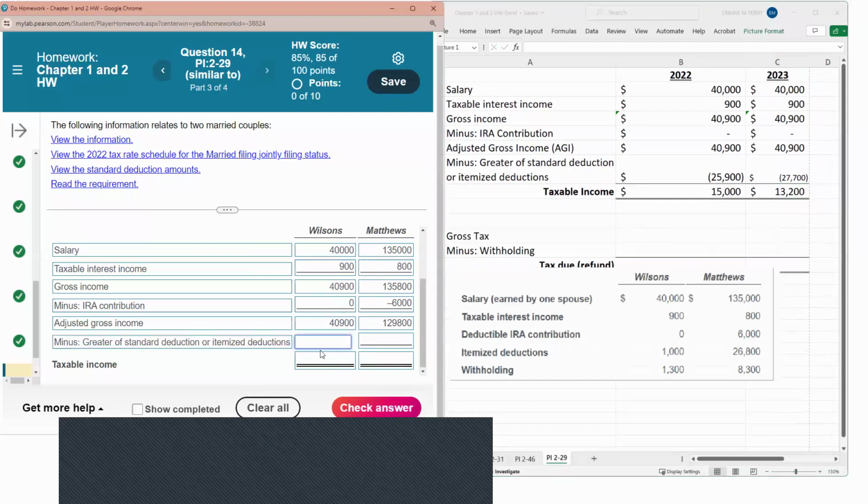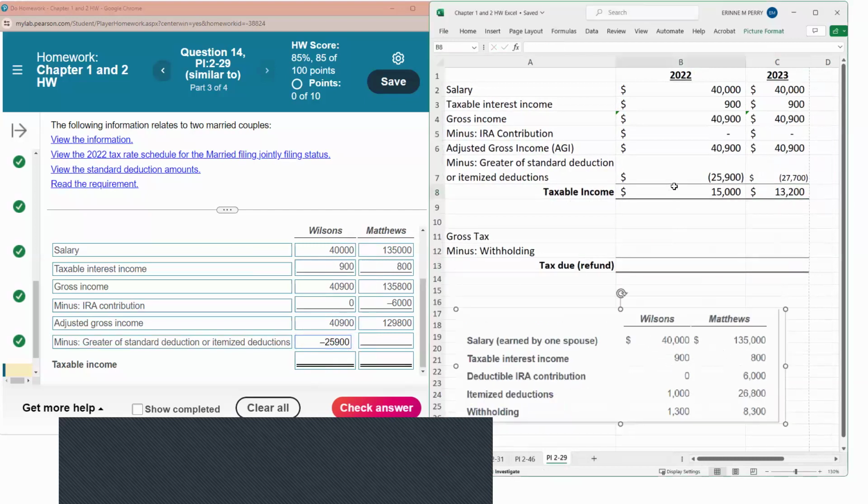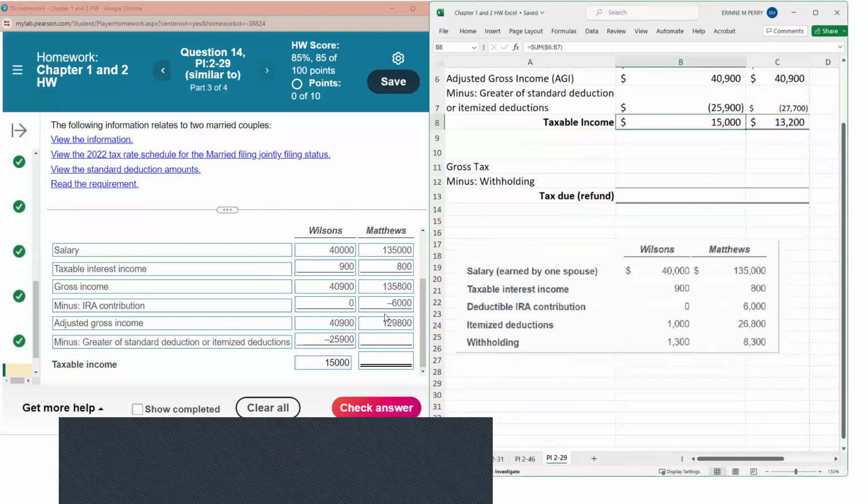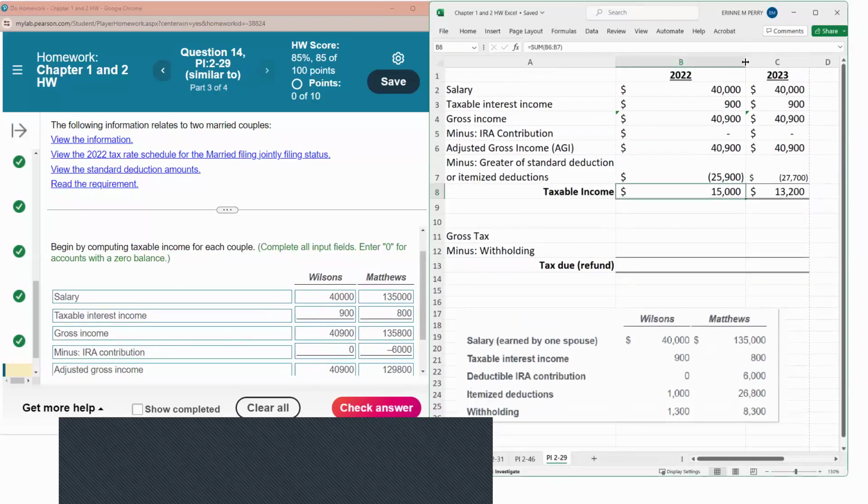So in this case, for the Wilsons, it would be $25,900. So we do the math. Taxable income would be $15,000. So now we're looking at it for the Matthews.